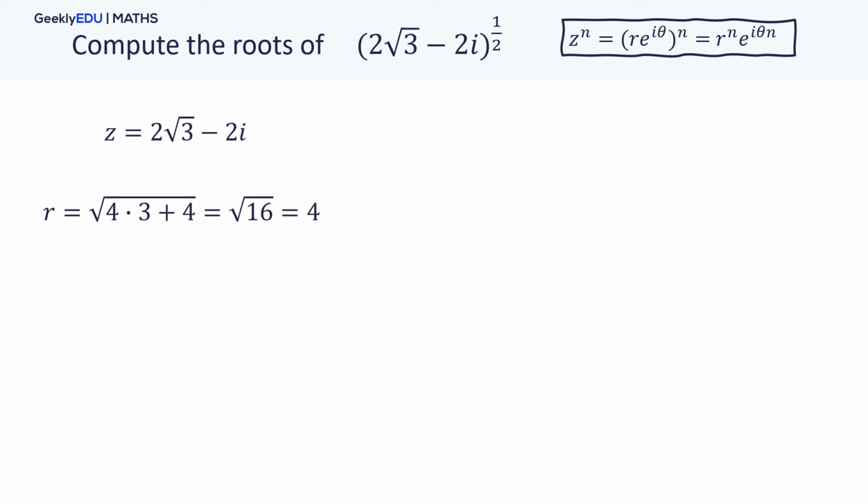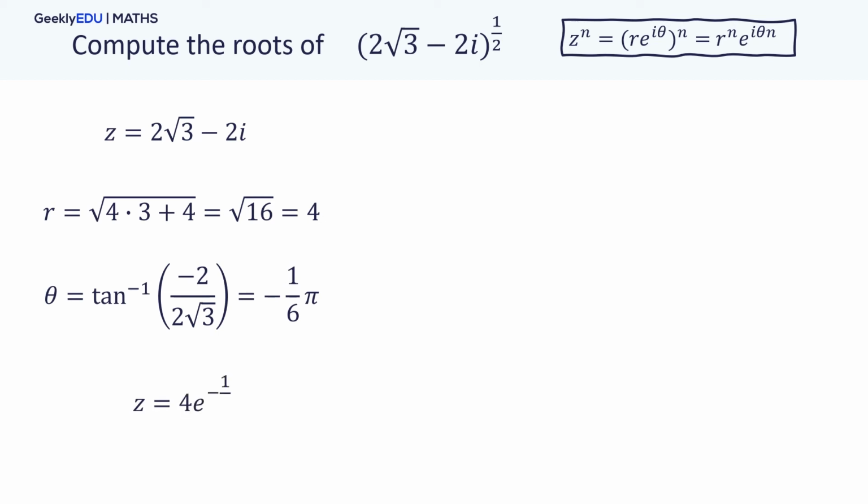So we are computing these values. And now we can substitute these 2 values in the formula. And this is the representation of our complex number in polar form.